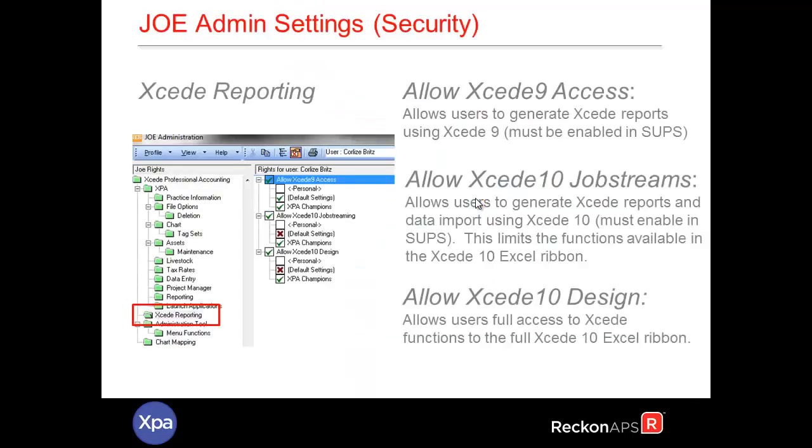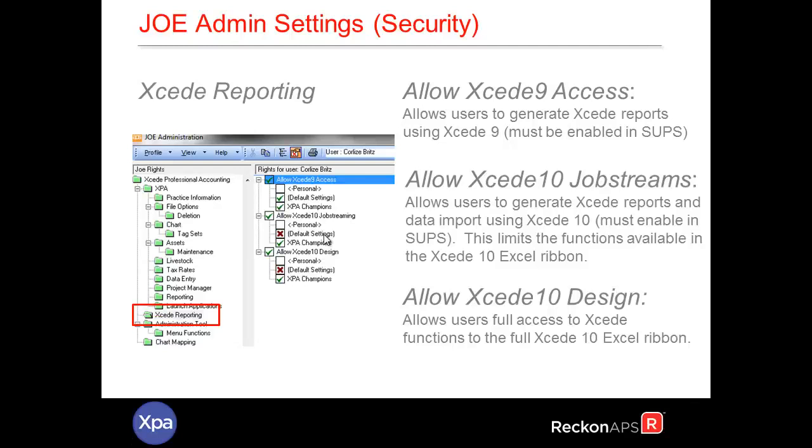Before we get going into the actual rest of the checklist, the other functions that we need to have a look at as part of the upgrade is the Joe admin security settings. This is to do with the security for the users and the access rights. In the Exceed reporting menu within Joe admin, you'll note that there are now 3 output options for allow access to Exceed.